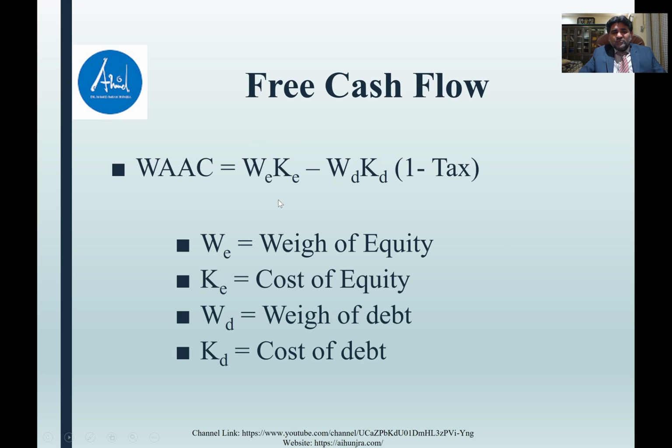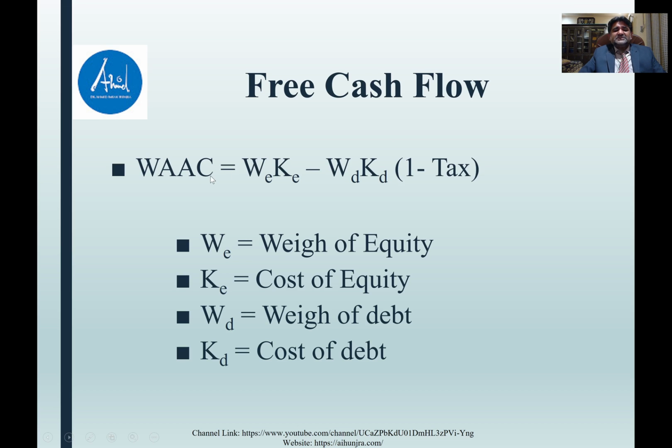It may vary from firm to firm. What is the weight of equity? It is how much proportion out of 100 is financed by the equity side, and the remainder is financed from the debt side. Obviously, when a firm finances from the equity side, there is also a cost of equity, and there is also a cost of debt.